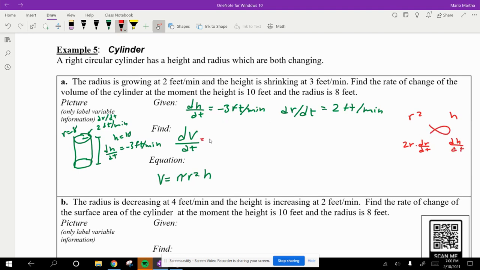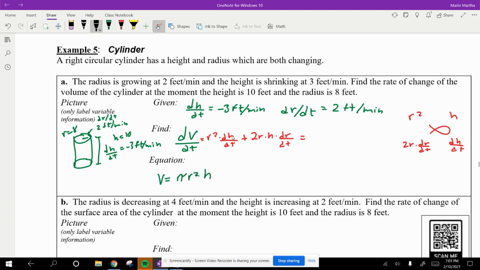So this is equal to r squared times dh/dt plus 2r times h times dr/dt. All right, and then we do the substitution as always.